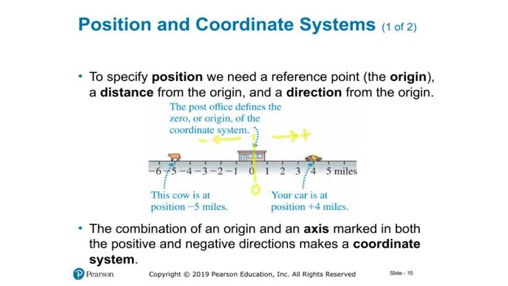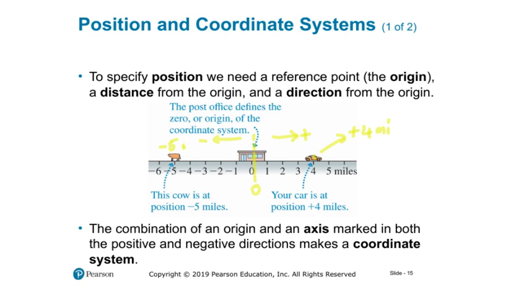For example, here I can, after I define my system, based on a post office or any place I can choose, define any position of anything according to that. If I describe my system nicely, people will understand when I say the car is at plus 4 miles, that means east of the post office.